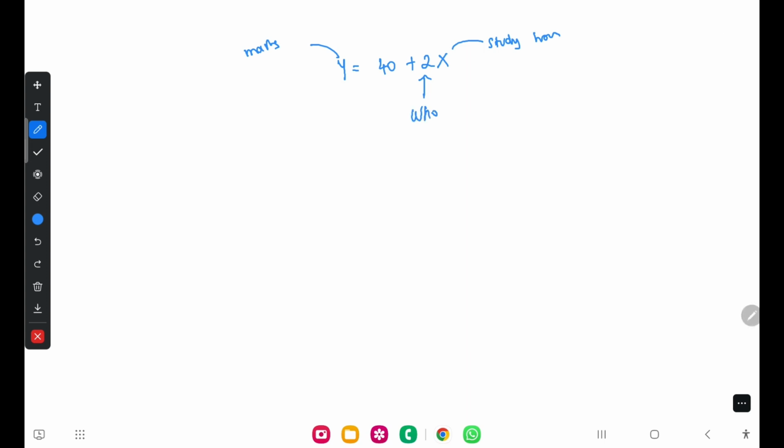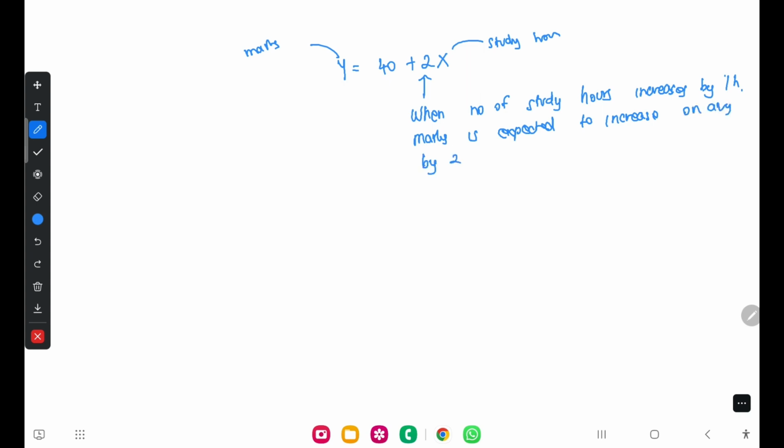So if I write that, when the number of study hours increases by 1 hour, marks is expected to increase on average by 2. This is the slope.